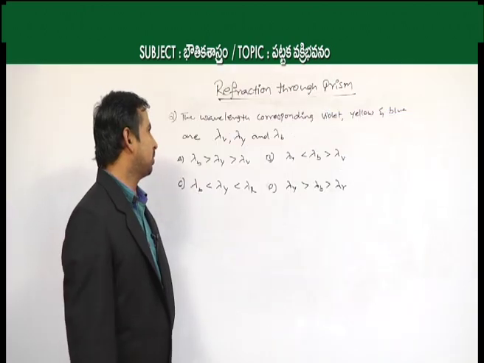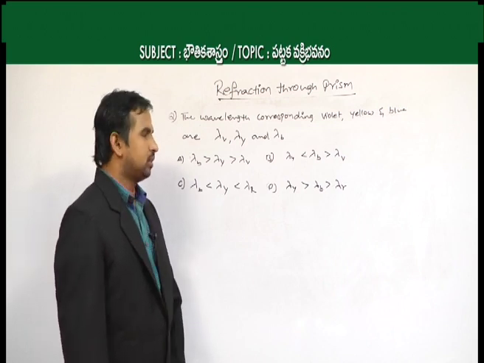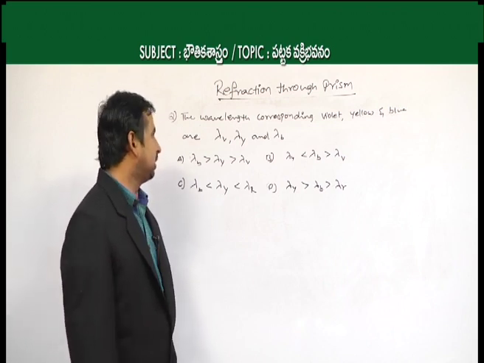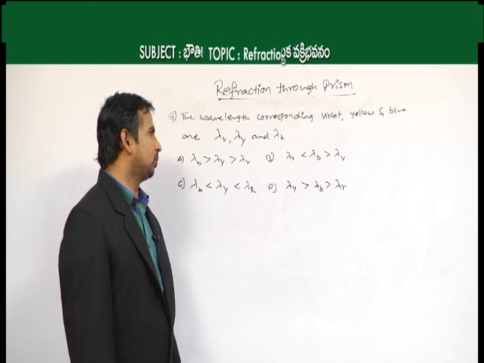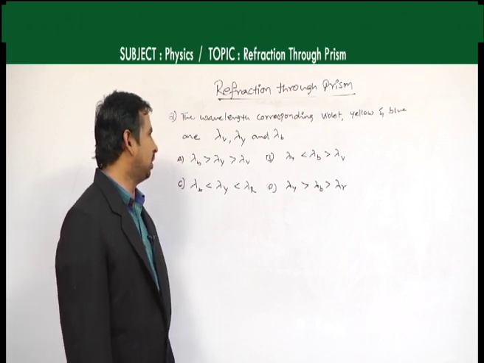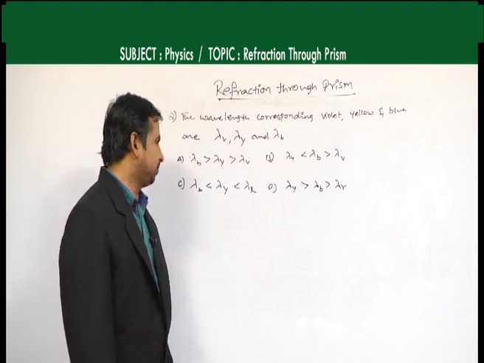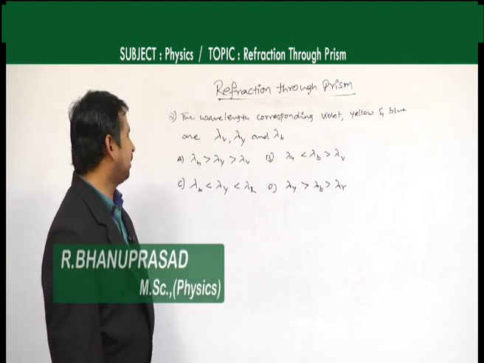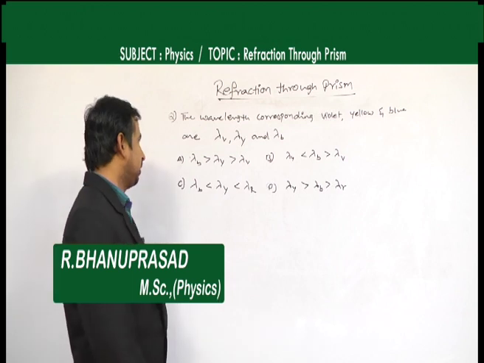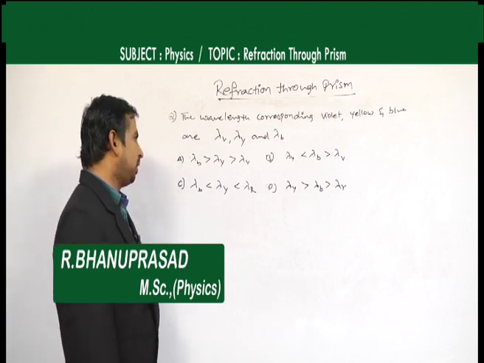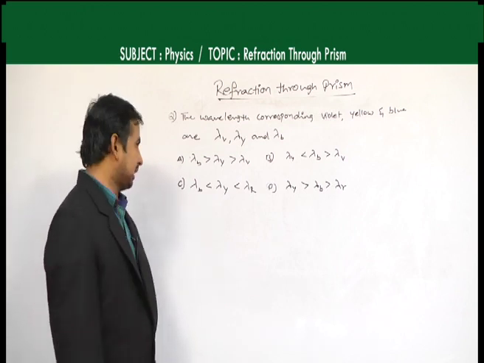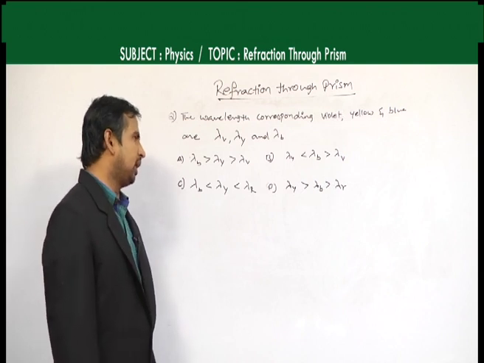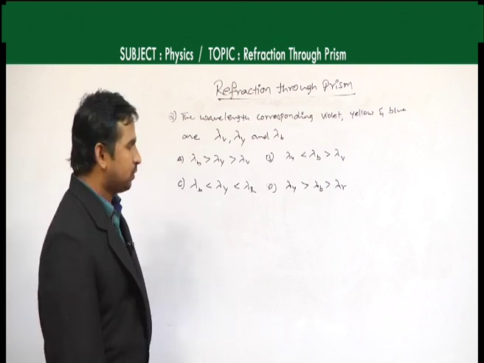Now, we will see one more question on the wavelengths. Given that the wavelengths corresponding to violet, yellow and blue are lambda v, lambda y and lambda b, different options are given. Option A: lambda b is greater than lambda y and greater than lambda v, where v is for violet.